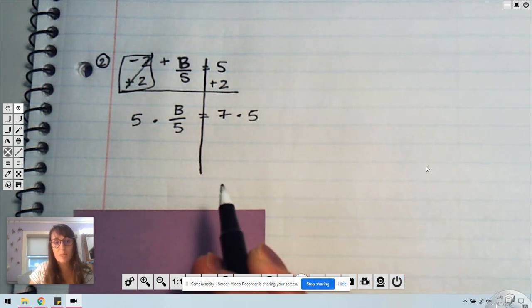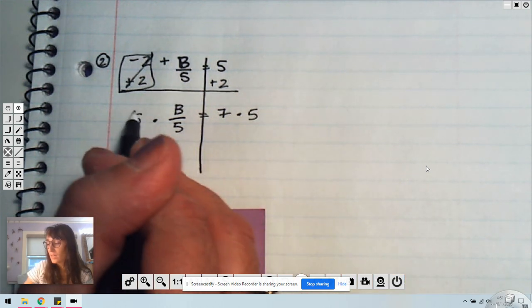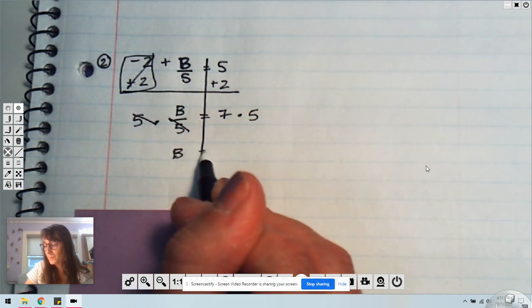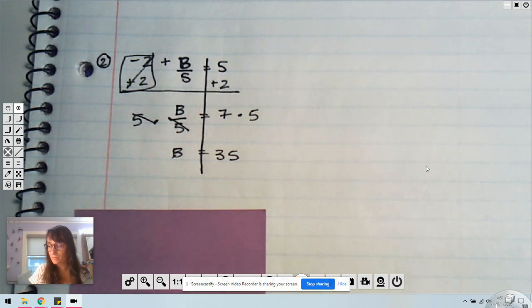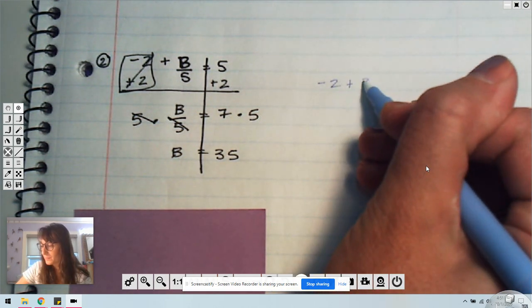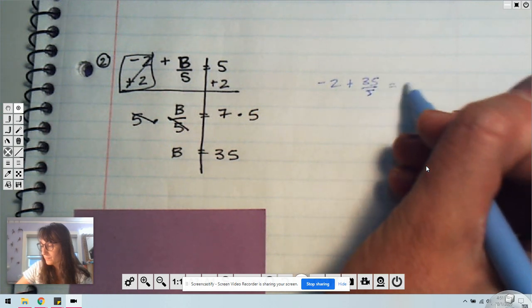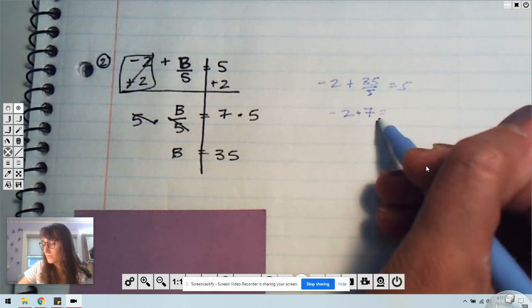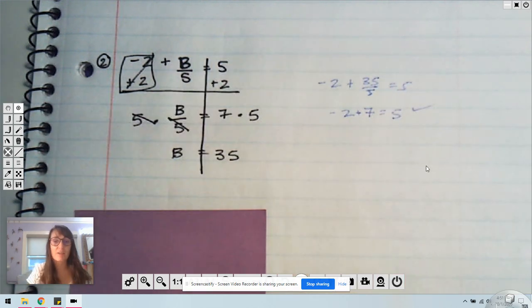So I'm going to multiply both sides by 5. Multiplying by 5 and dividing by 5 are exact opposites. So now I am just left with B is equal to 35. To check my work, I can plug it back in. 35 divided by 5 is 7. Negative 2 plus 7 is 5. I got the correct answer.